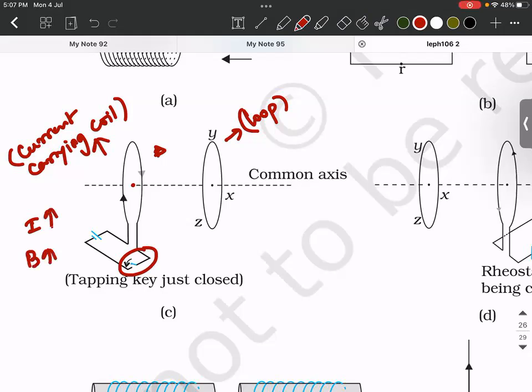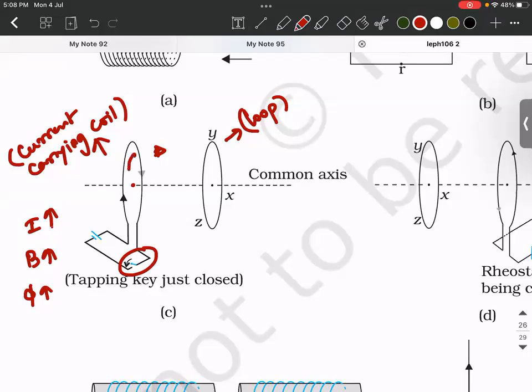If I is increasing, B is also increasing. So when the magnetic field is increasing, flux will also increase. When everything increases, the side that you face will have the same pole or the opposite pole? Yes, same pole, right?